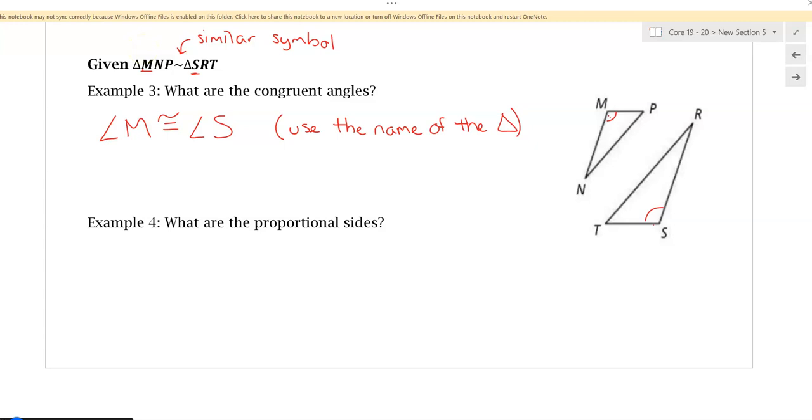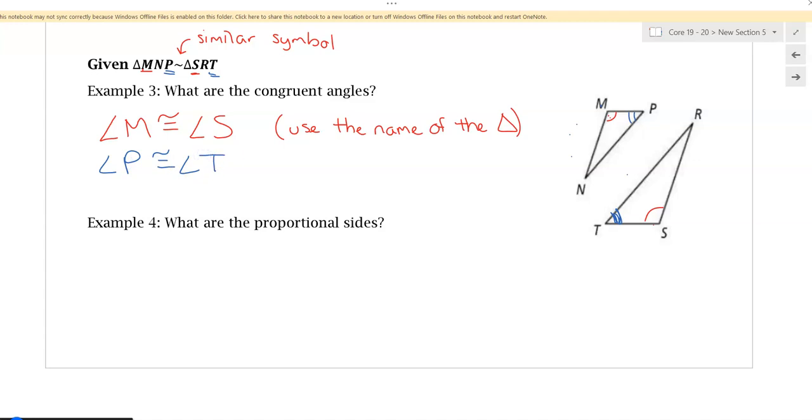Same thing if I move on to this P, I'm going to put 2 markings onto this P. Again, if I flip this whole triangle around, we should see that it goes with T. The other thing I can do is look, I have P here, it's in the last spot. T is in the last spot. So angle P is congruent to angle T.